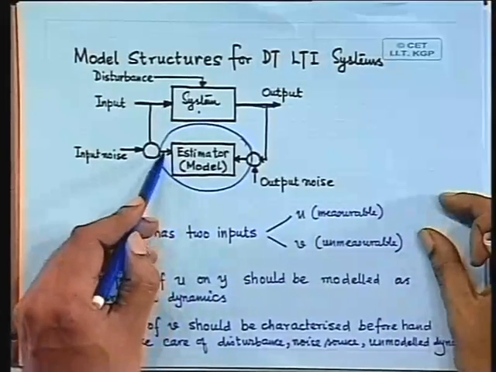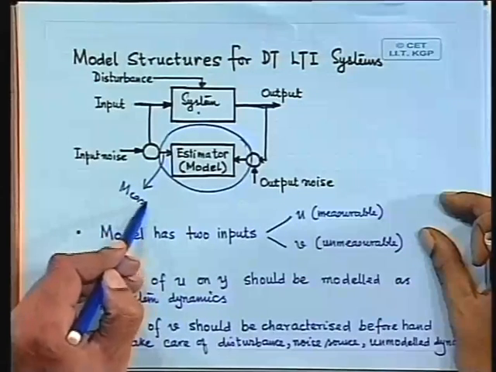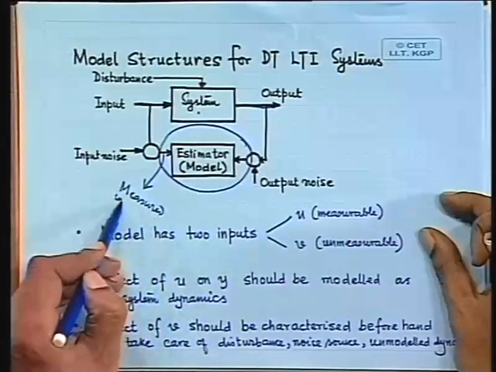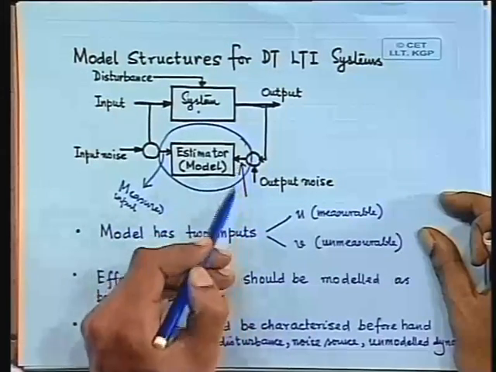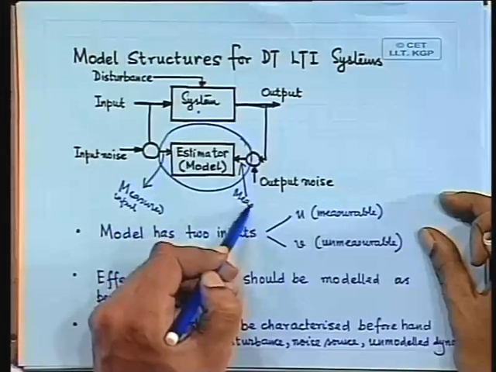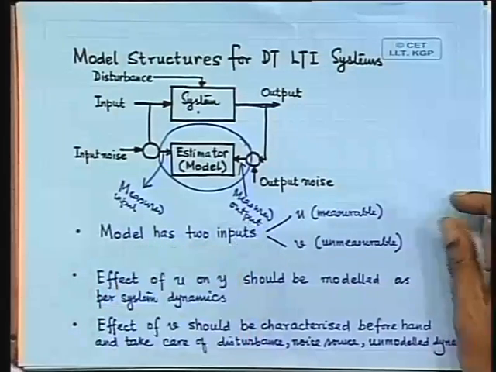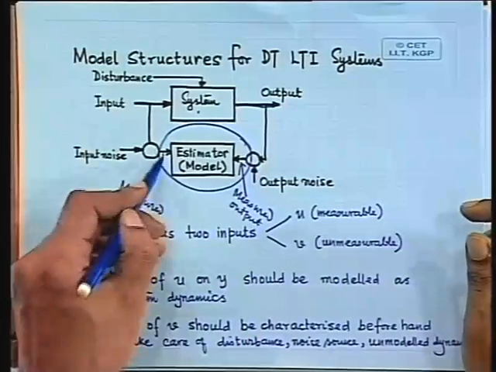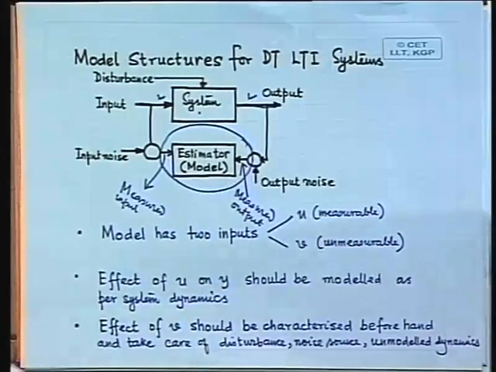You are sending the measured input and the measured output. Remember that they are not the same as this and this, because you have to use a transducer that may introduce measurement noise.